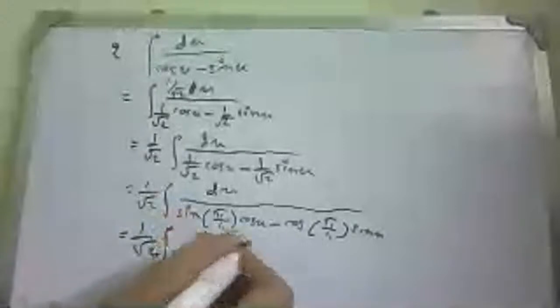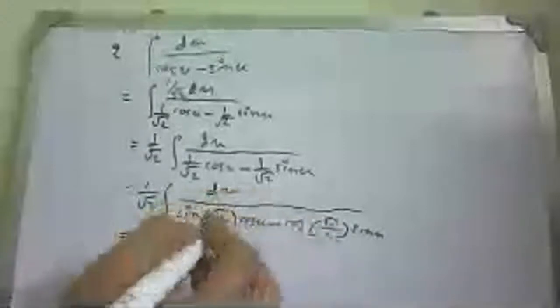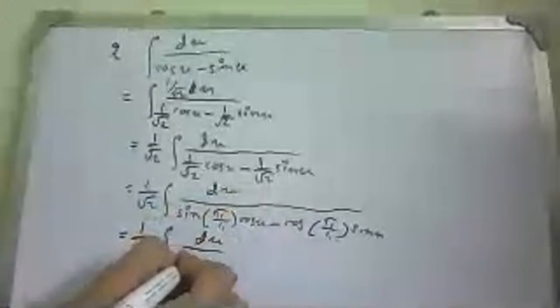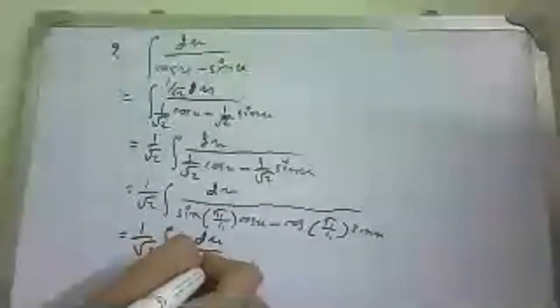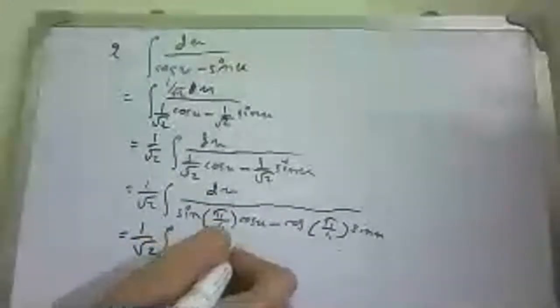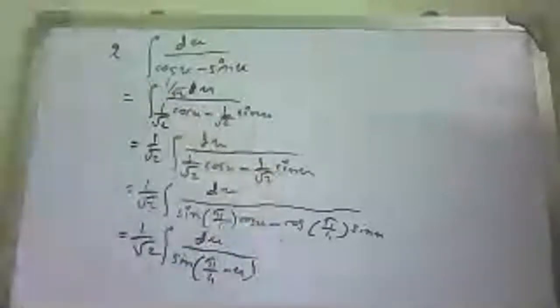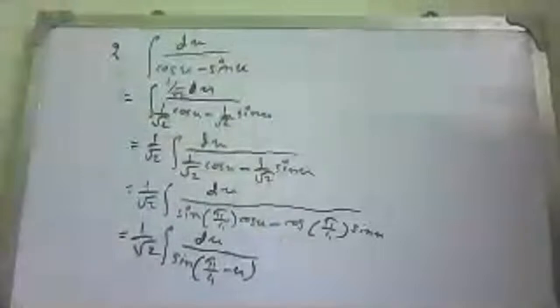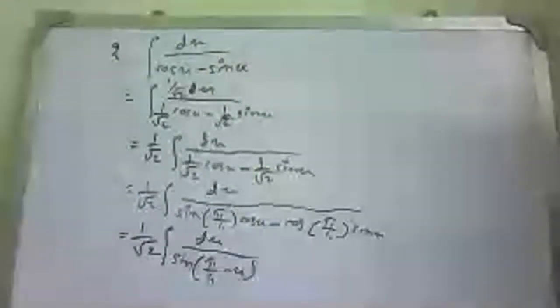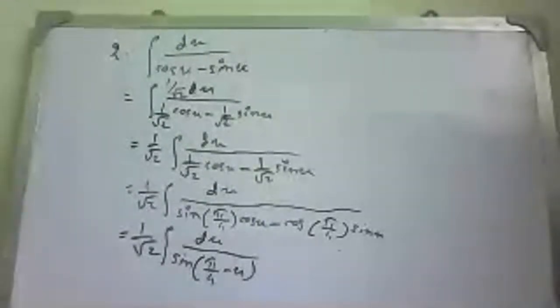So what is this particular thing in the denominator? It's nothing but sine of pi by 4 minus x, because the formula for sine of pi by 4 minus x is sine pi by 4 cos x minus cos pi by 4 sin x.